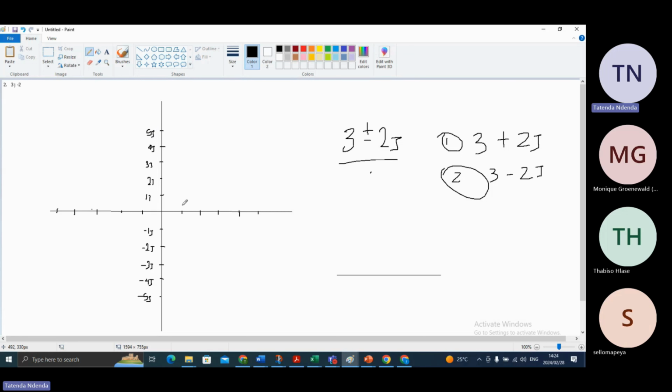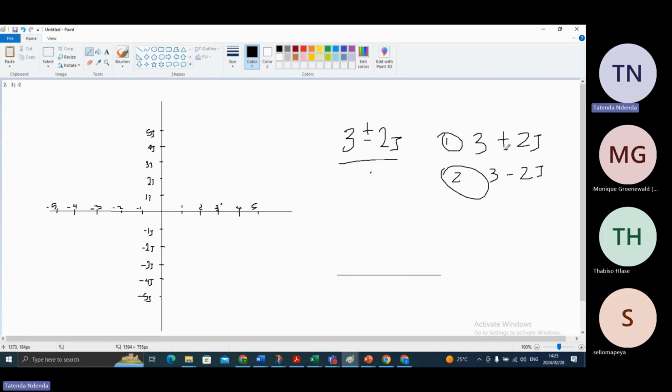Then here we have 1, 2, 3, 4, 5, and here we have negative 1, negative 2, negative 3, negative 4, as well as negative 5. Like this, right?